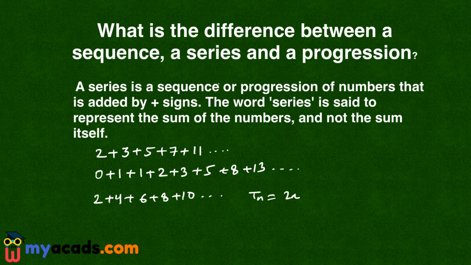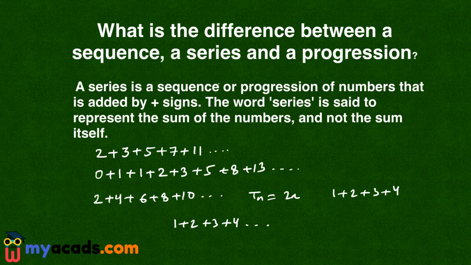Now just remember that the word series is said to represent the numbers being added and not the sum itself. For example, my series of natural numbers is 1 plus 2 plus 3 plus 4 and so on. Now the series of the first 4 natural numbers is 1 plus 2 plus 3 plus 4.